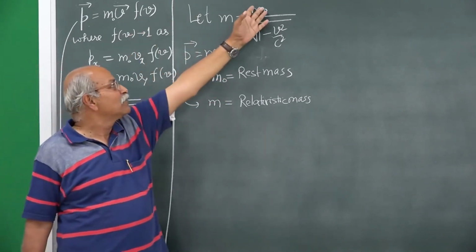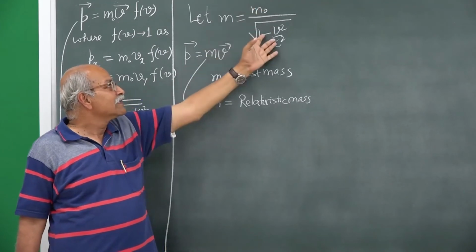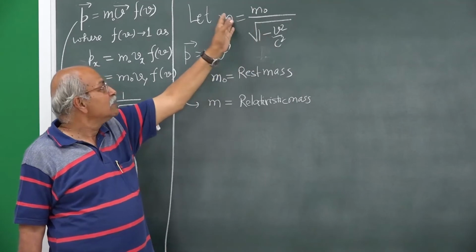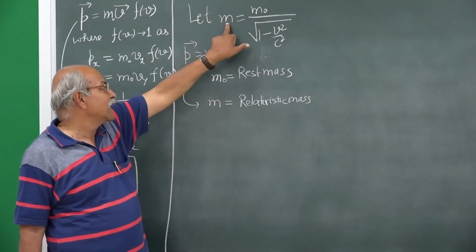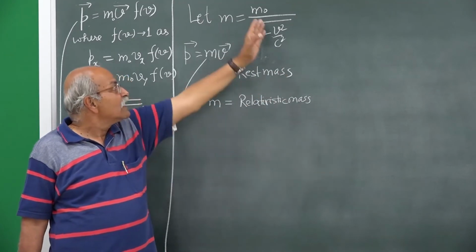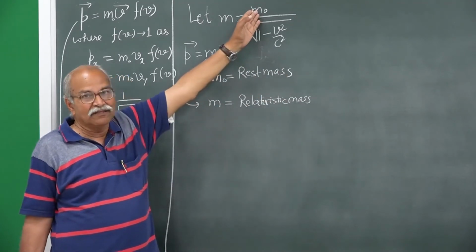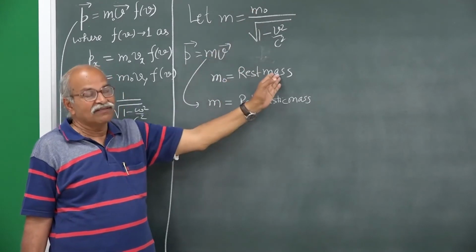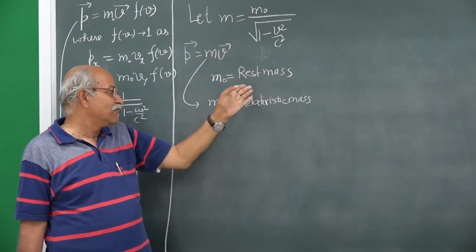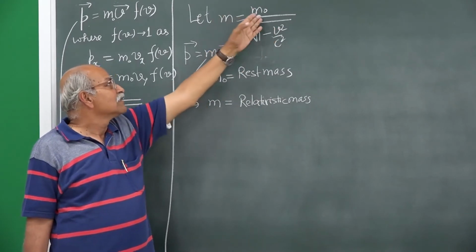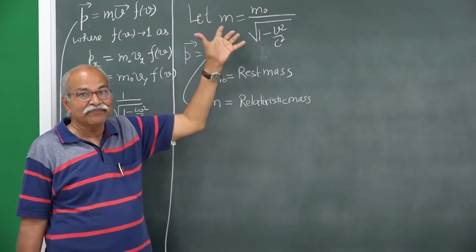So, use that mass of the particle here, construct this quantity which will depend on speed. You can write this as m and give it a name, relativistic mass, and the normal mass of the particle, textbook mass of the particle, is called rest mass. And of course, if v goes to 0, then the rest mass and the relativistic mass are the same.